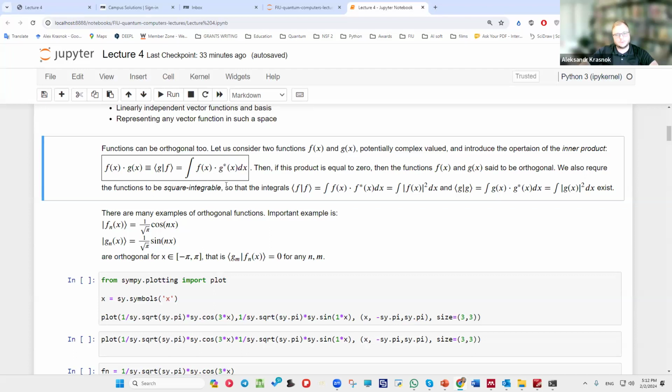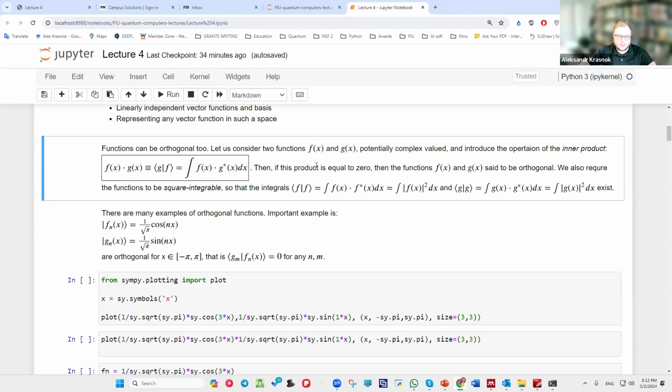So the inner product of two functions is the integral of the functions, and if the functions are complex valued, we have to complex conjugate the second one, or one of them. The result will be the same regardless of which function you complex conjugate.